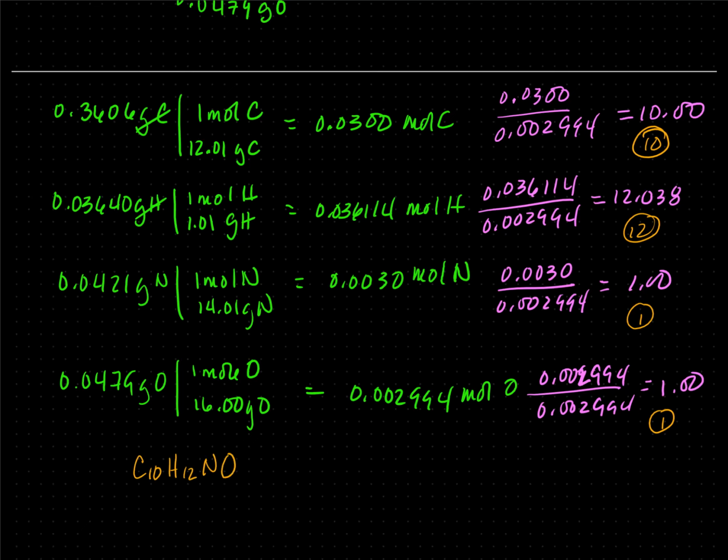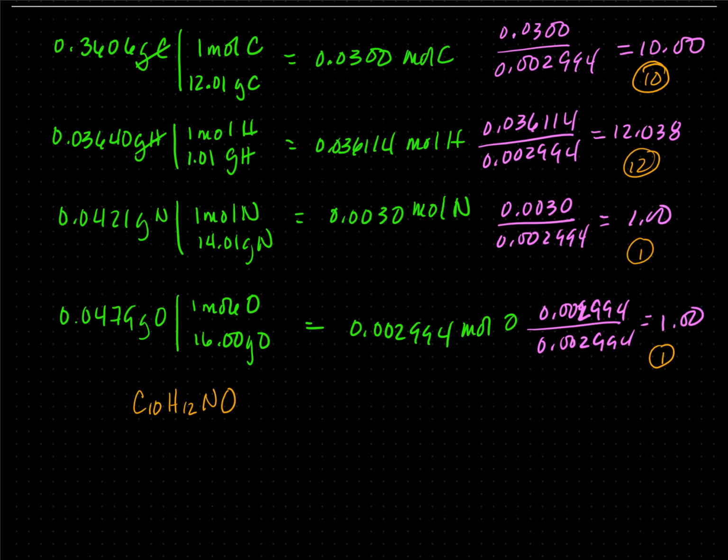So the molecular formula, remember, is molecular formula mass over empirical formula mass. The molecular formula mass was given as 324 grams per mole. So we need to find the empirical formula mass.